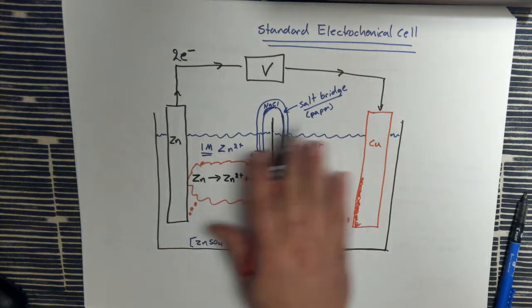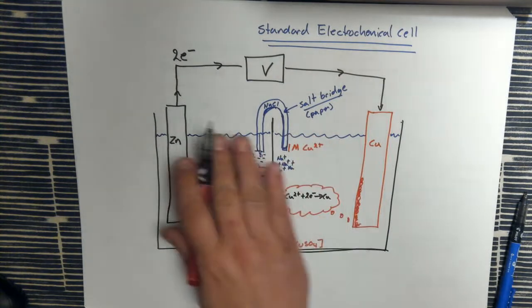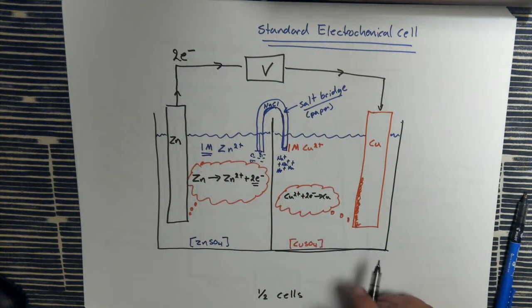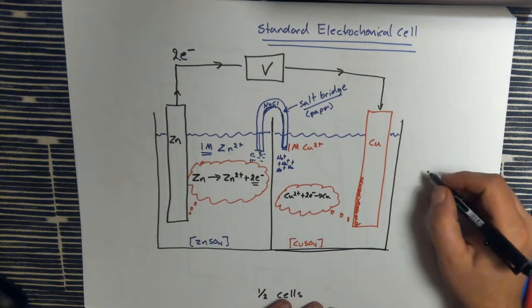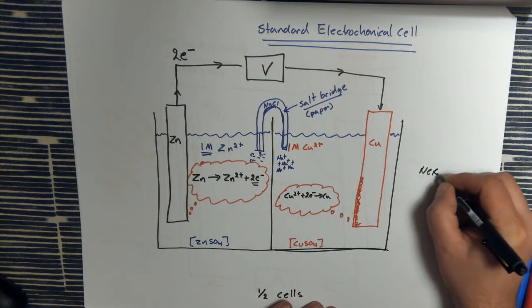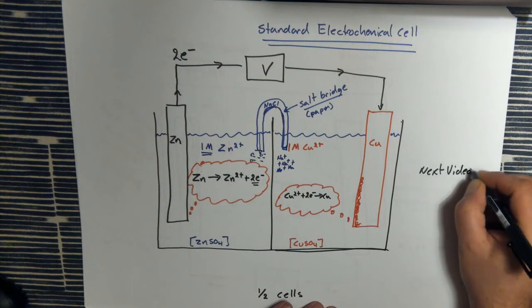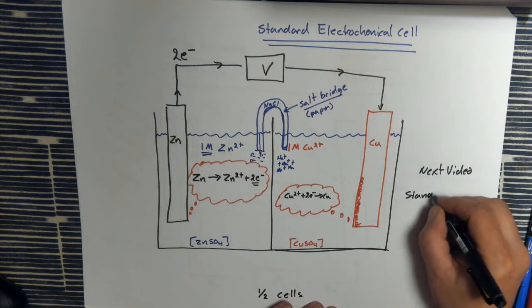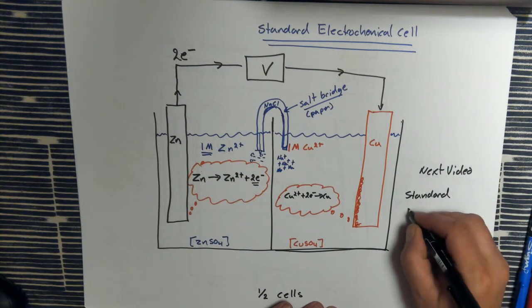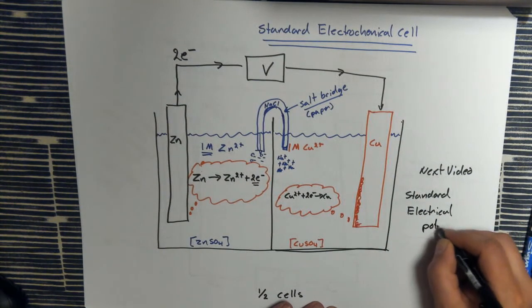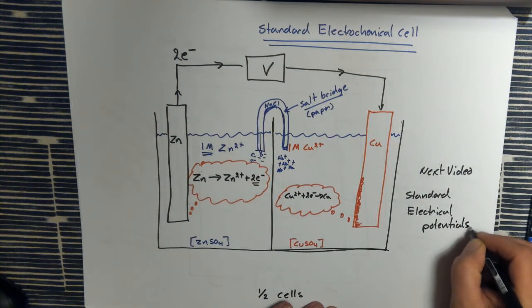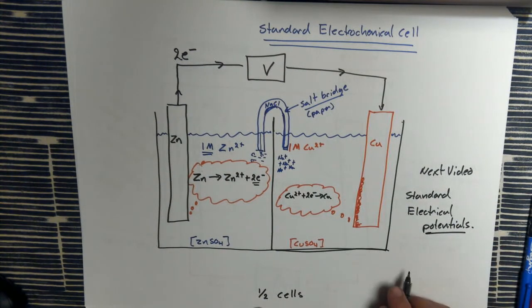There's no difference in the concentrations of ions on either side, and so it will generate what we call a standard electrical potential, which will be the subject of our next video. So the next video will be standard electrical potentials. Just so you know, I'm not going to talk about this this time.